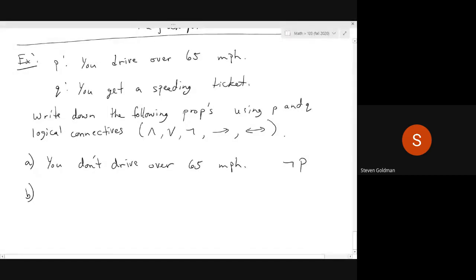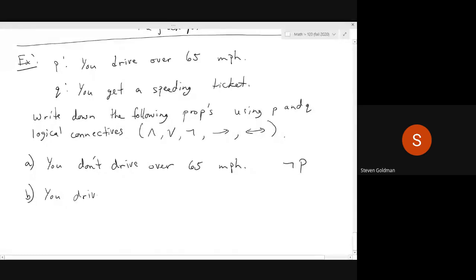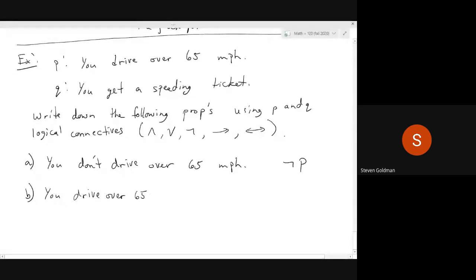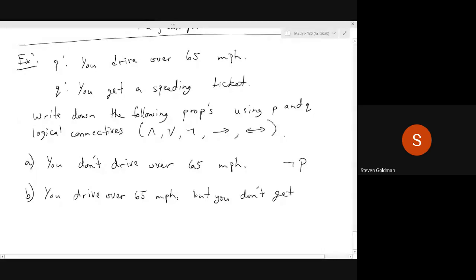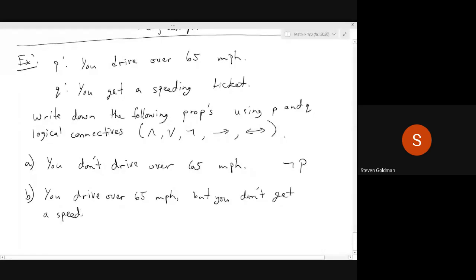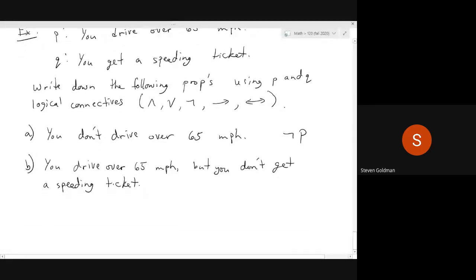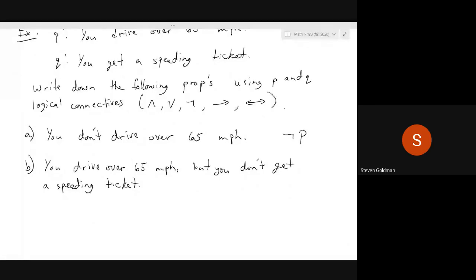Let's say I give you the sentence, you drive over 65 miles per hour, but you don't get a speeding ticket.